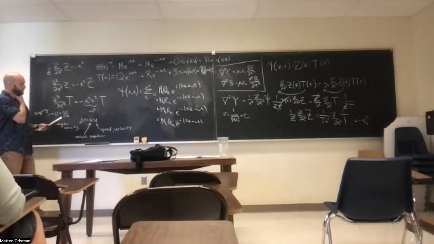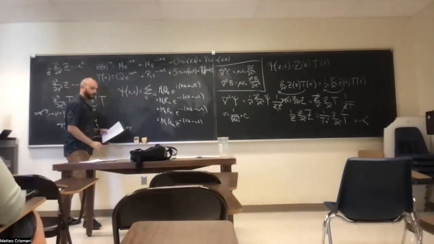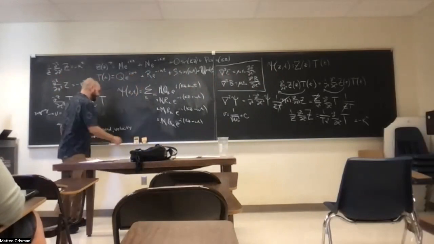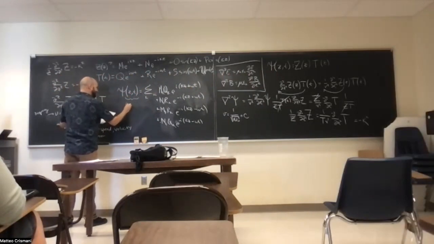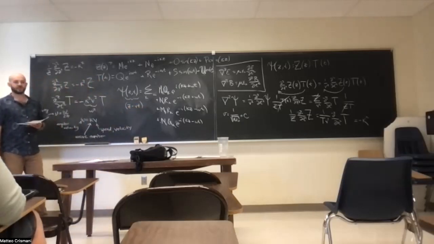So when we write it in this form, function z comma t, we can also write this piece here as z minus vt. Same way of writing it, for a wave equation.